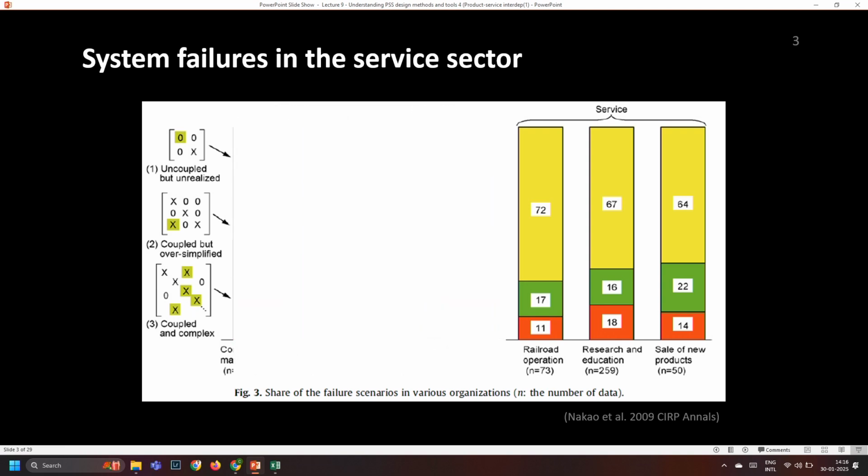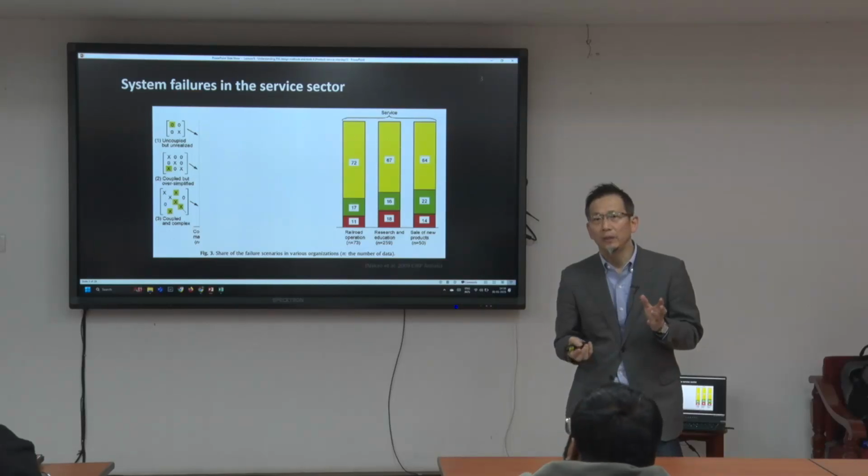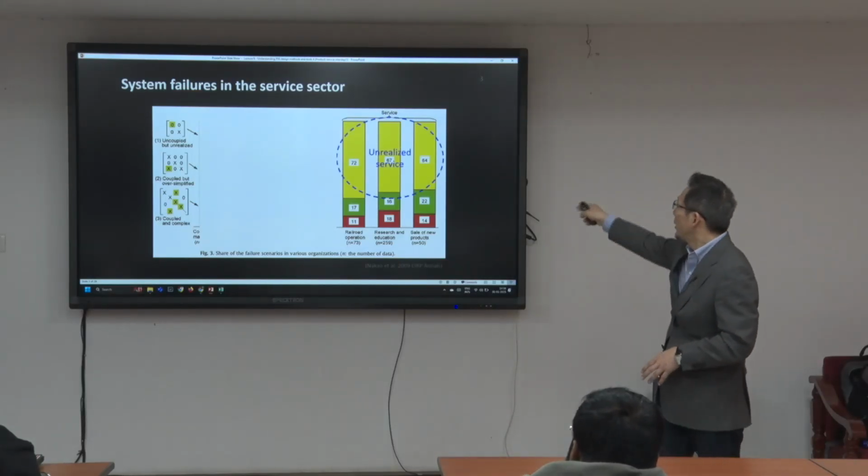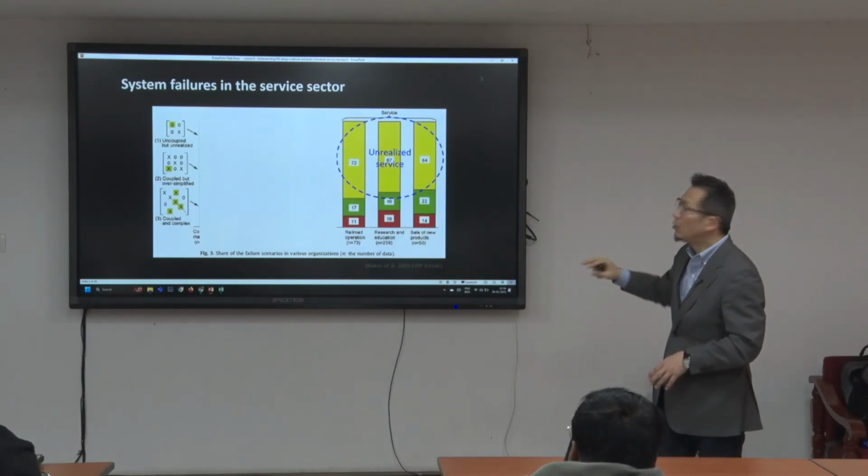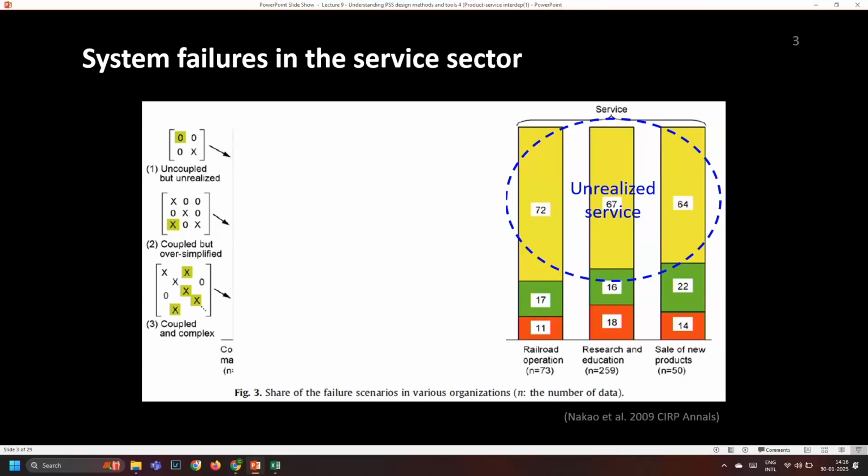So as I said, we are looking into the service business, and the majority of failures that occurred in the service business is caused by the condition where services are unrealized. That is the insight obtained thanks to the use of axiomatic design.